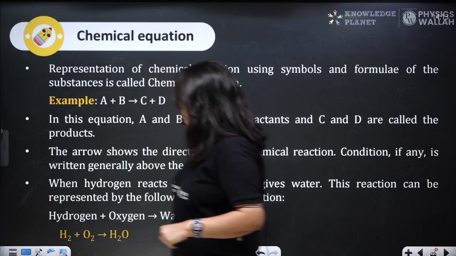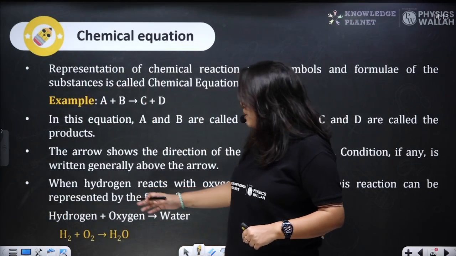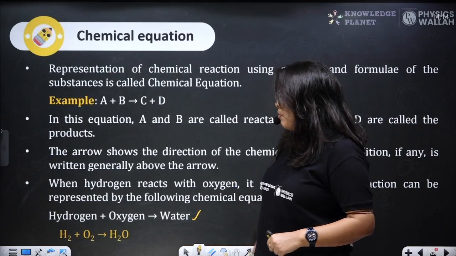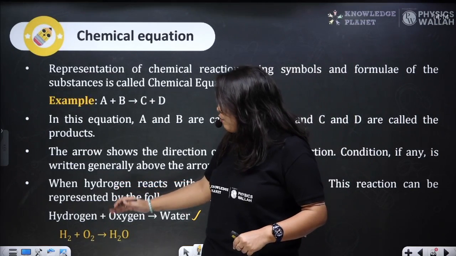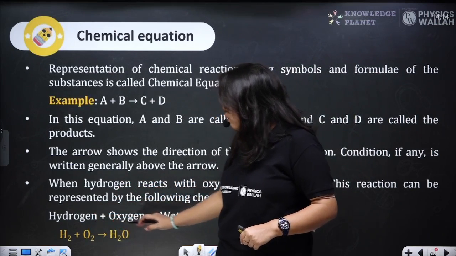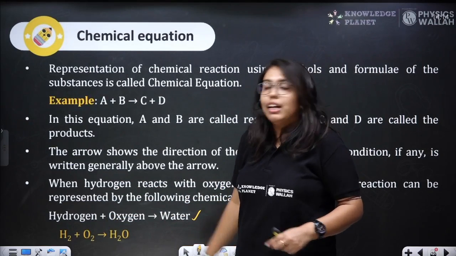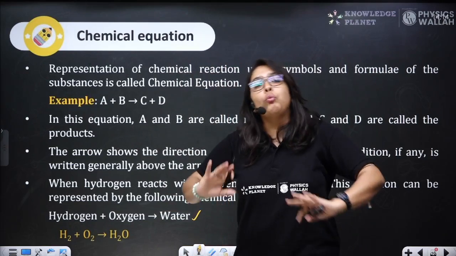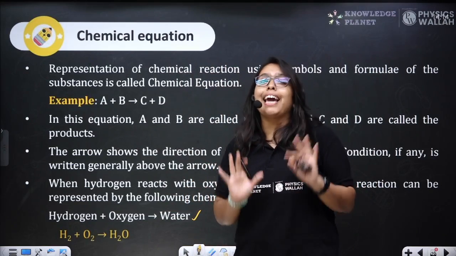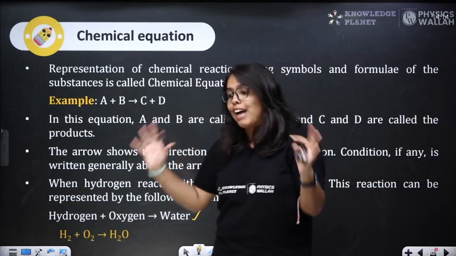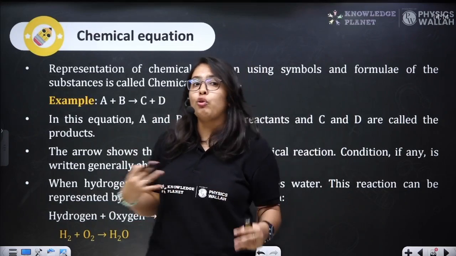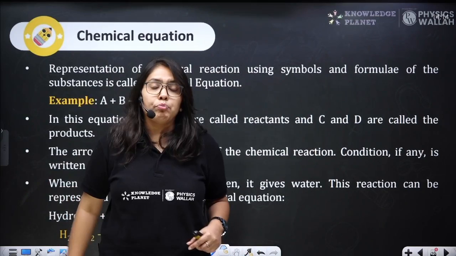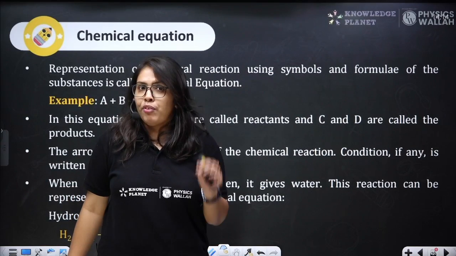For example, hydrogen plus oxygen gives rise to water. This is a word equation, is it not? But I can use the respective formula: H2 plus O2 gives rise to H2O. This is nothing but a chemical equation. So we can show chemical reactions in two forms: one in the form of a word equation, another in the form of a chemical equation.